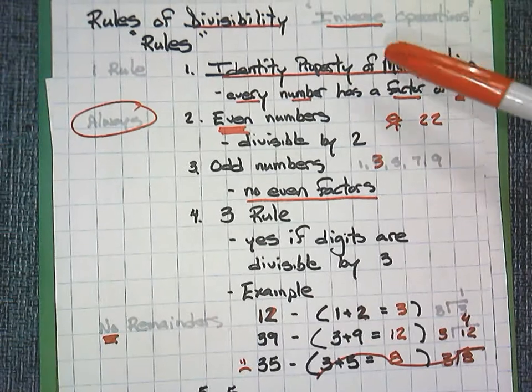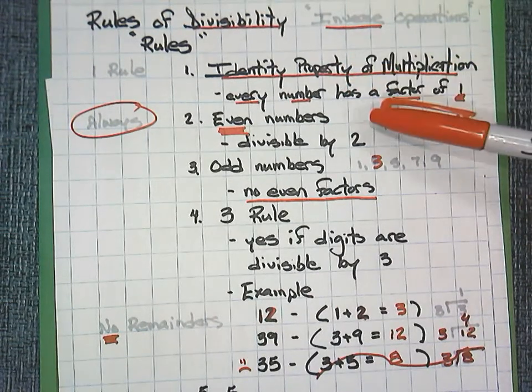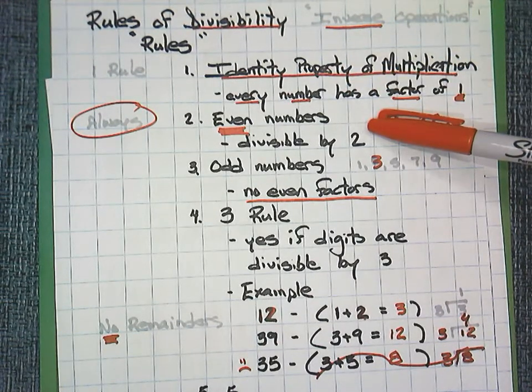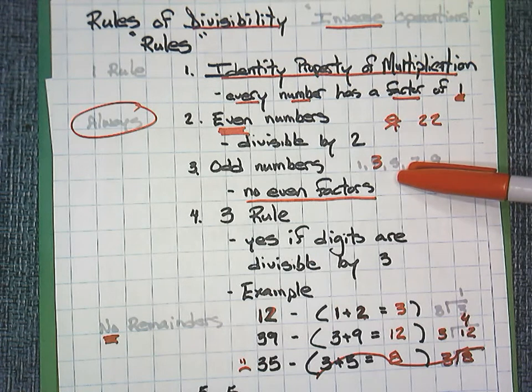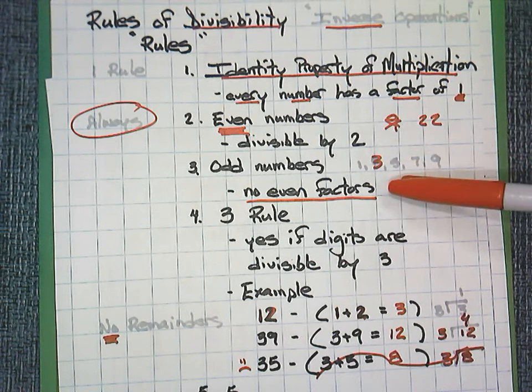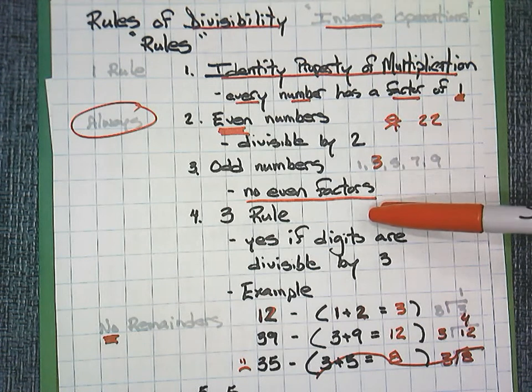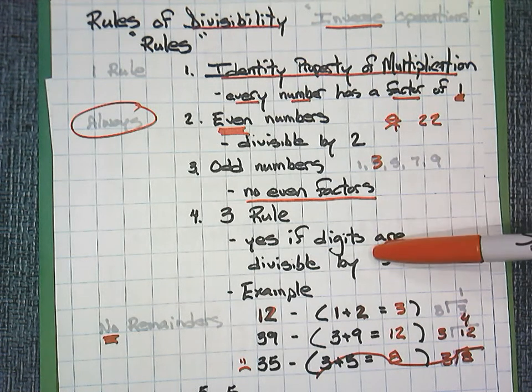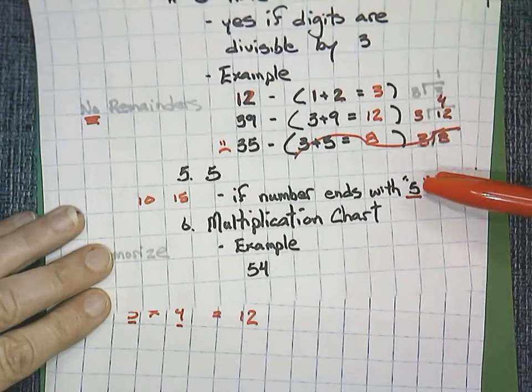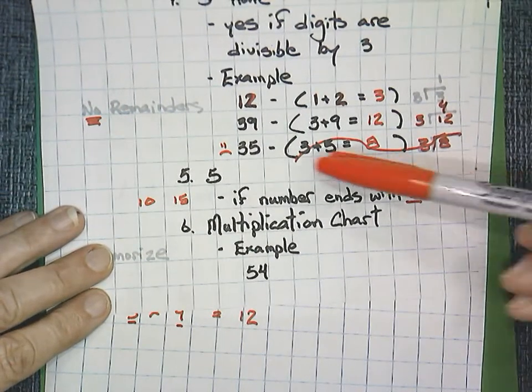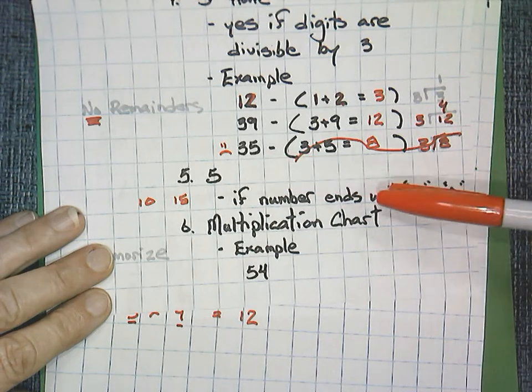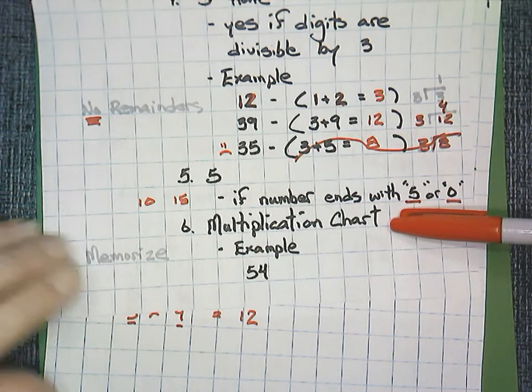We said that there are rules for the 1 rule, for even numbers, for odd numbers. If it's an odd number, it cannot have an even factor. The 3 rule is when you add the digits. The 5 rule is that if a number ends in 5 or 0, it always has factors of 5. And finally, your multiplication chart.